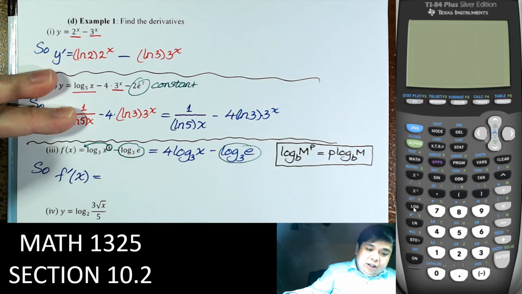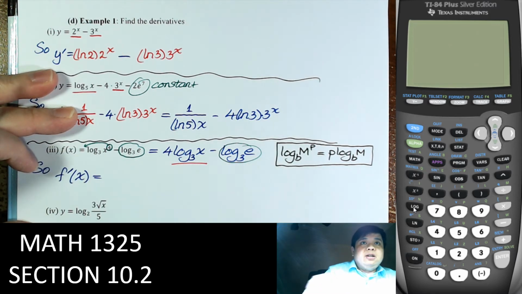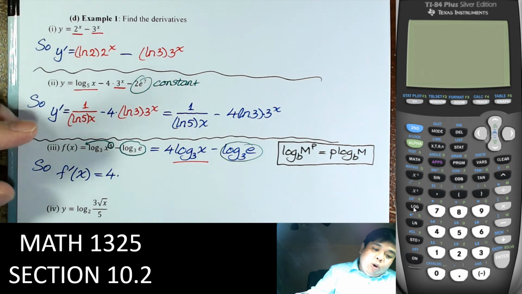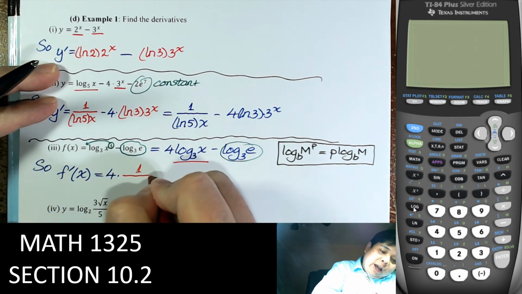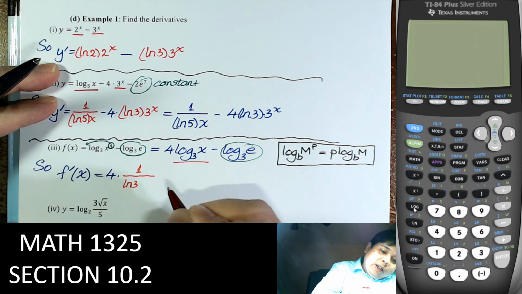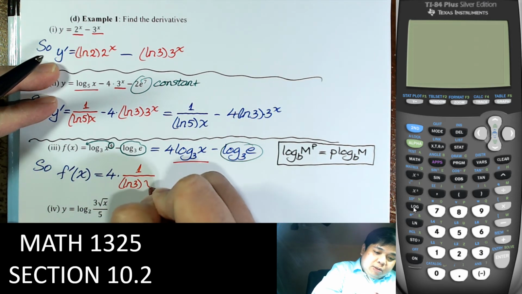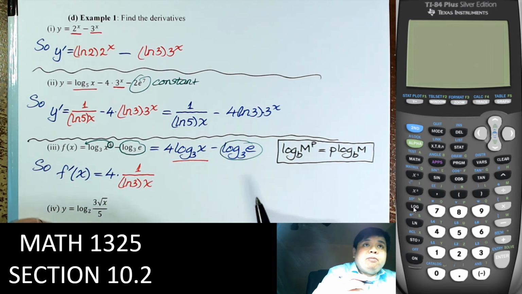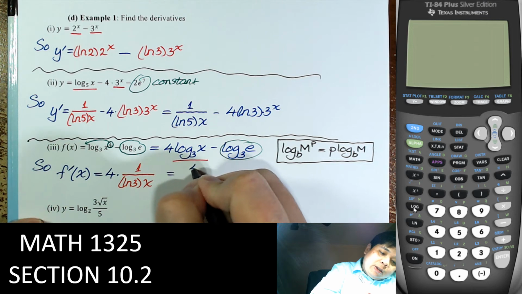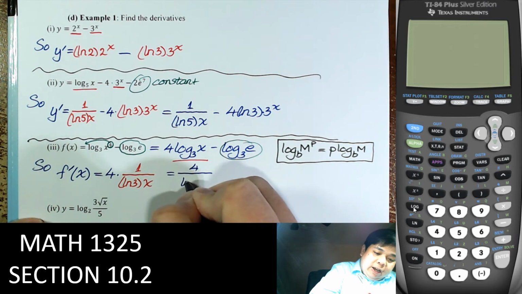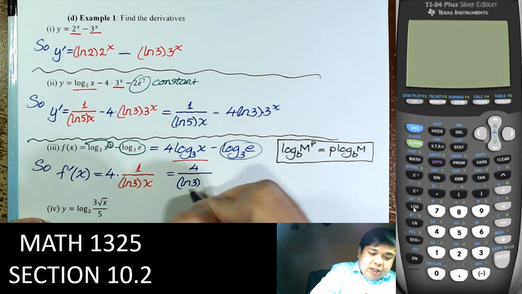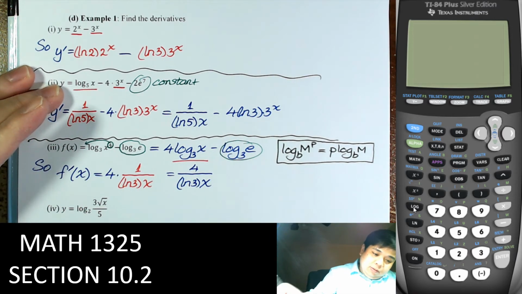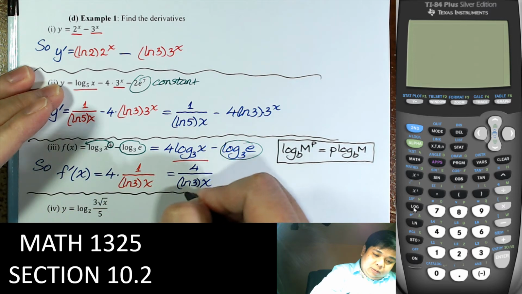Derivative of log base 3 of x is going to be 1 over ln of 3 times x. And we can multiply the 4 on top: 4 over ln, natural log of 3, times x.